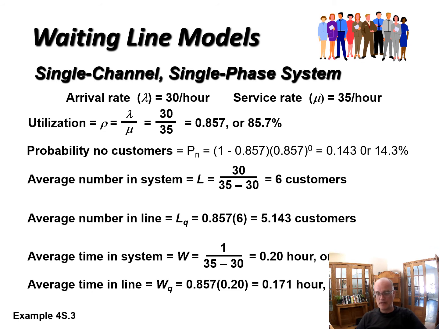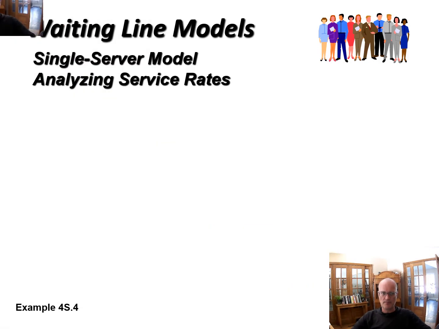So on average, people wait 0.171 hours. On average, it takes them 0.2 hours, which is 12 minutes. That means on average, from when they arrive to when they leave is about 12 minutes, and we can say, does that make sense? Are we happy with that service experience?